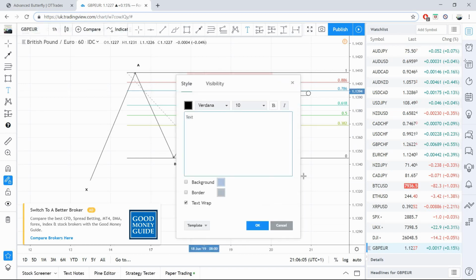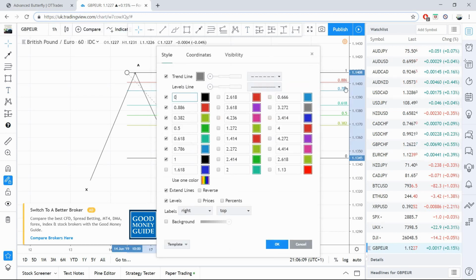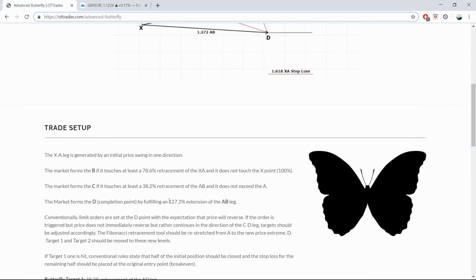And then finally, we're going to move on to the D point. So D comes as a 127.2 extension of the AB leg.